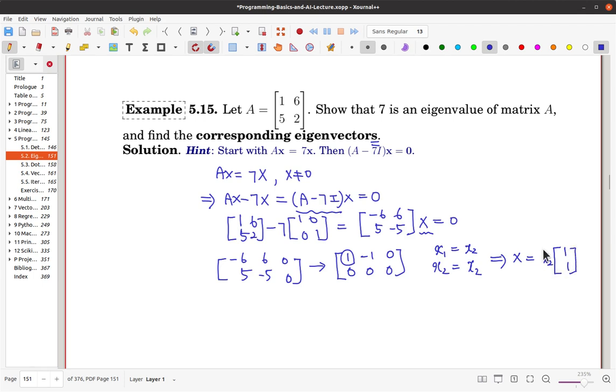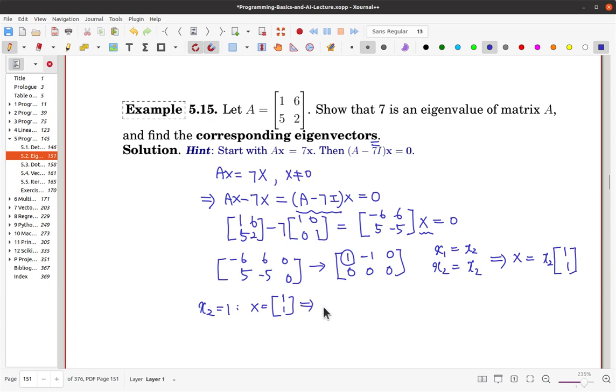For every non-zero choice of x2, it will be a solution of this homogeneous system, and it will be an eigenvector, so there are infinitely many eigenvectors for the eigenvalue 7. That's the reason we are using the plural form. For example, if we choose x2 equal 1, then x becomes 1 and 1.